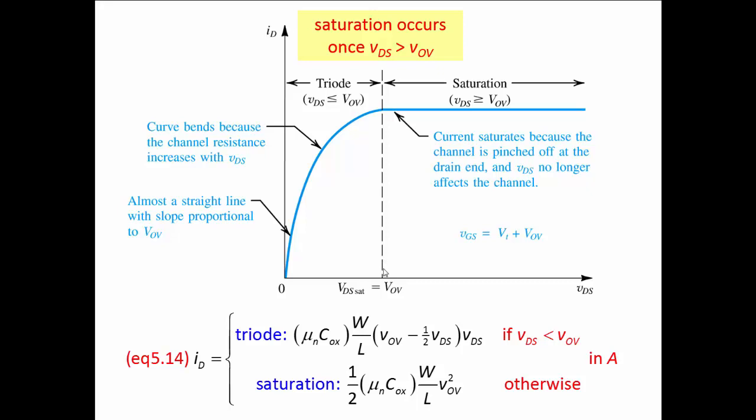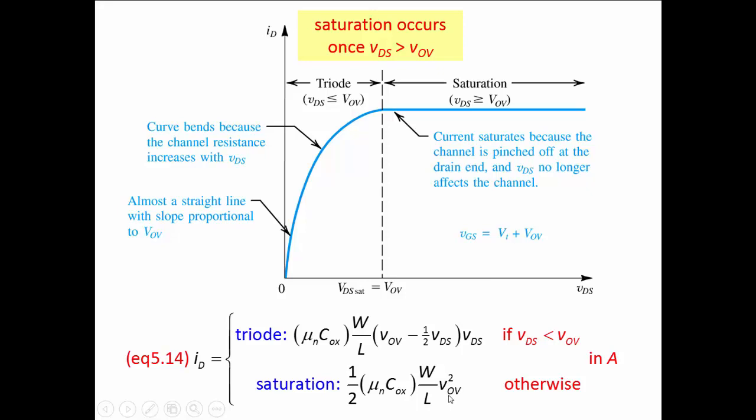It just stays as this triangle with the 0 depth at the drain, and the conductivity of the channel does not increase any further. And so we end up with a saturated current, which is equal to this second expression down below, this saturation expression, which is now a function only of VOV, no longer a function of VDS.